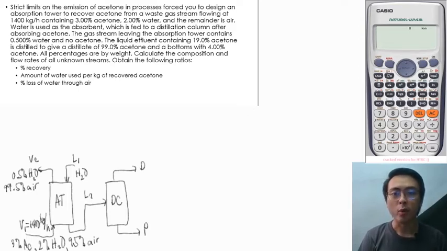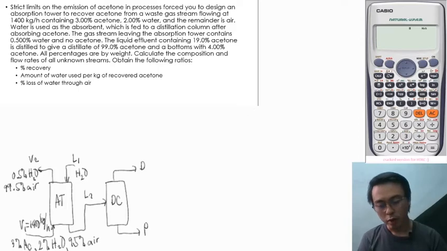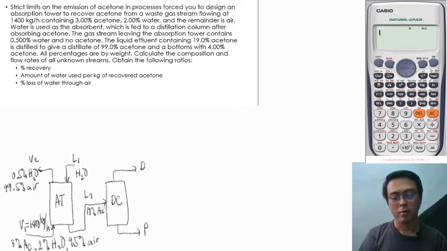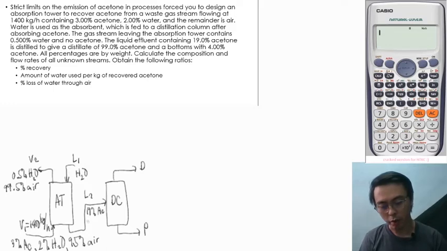The liquid effluent containing 19% acetone. The liquid effluent in an absorption process is L2. So this contains 19% acetone. The balance being water, so that is 81% water.